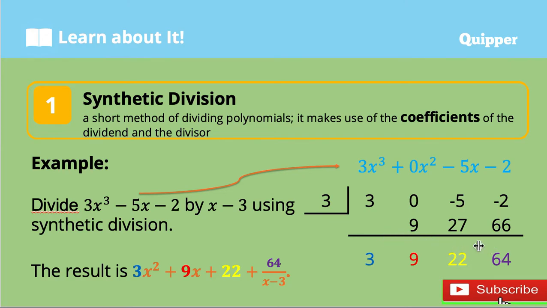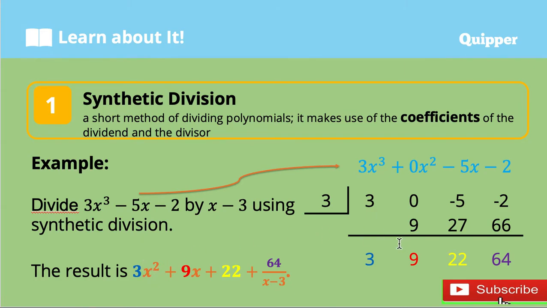Now, we will put the variables of these numerical coefficients. We have 22 as the constant term, so there is no variable. For the linear term, there must be one exponent only, that is 9x. Then for the 3, that's the quadratic term, so we have 3x squared.